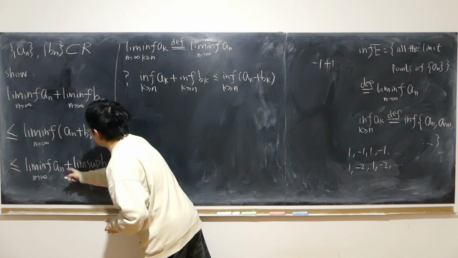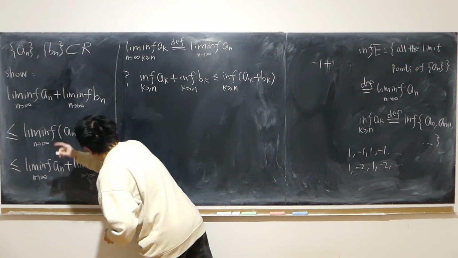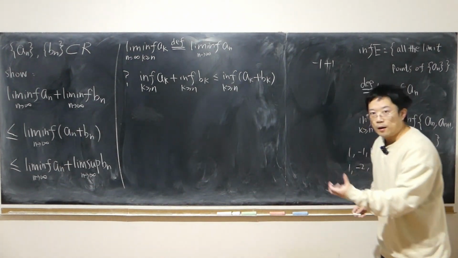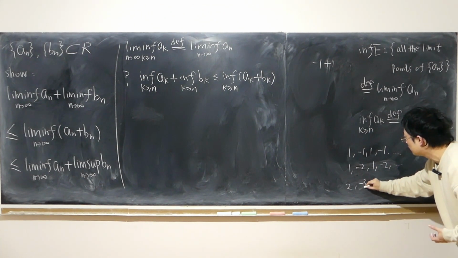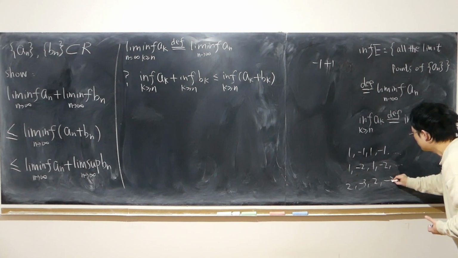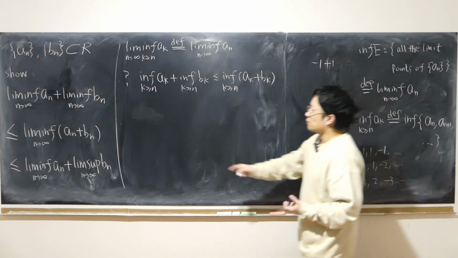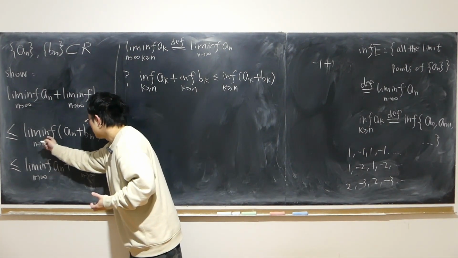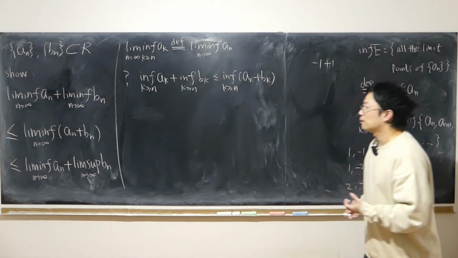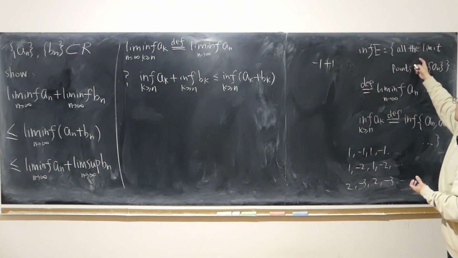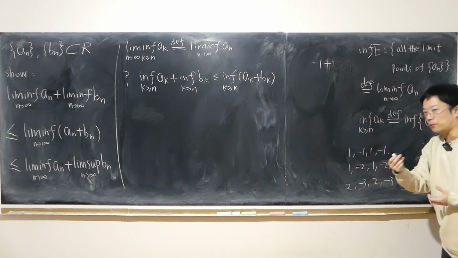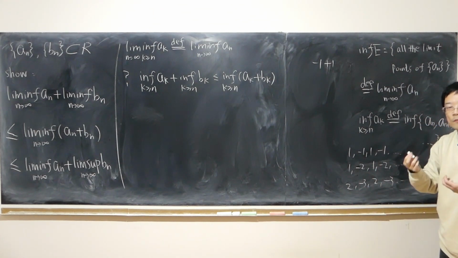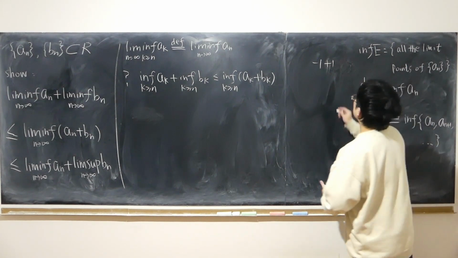The other sequence has limsup negative 1, so negative 1 plus 1. Is it bigger than or equal to this? Add the sequences up: 2, negative 3, 2, negative 3. Take the liminf: the two limit points are 2 and negative 3, so its infimum is negative 3.